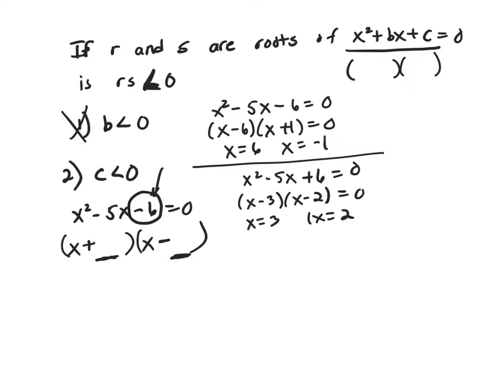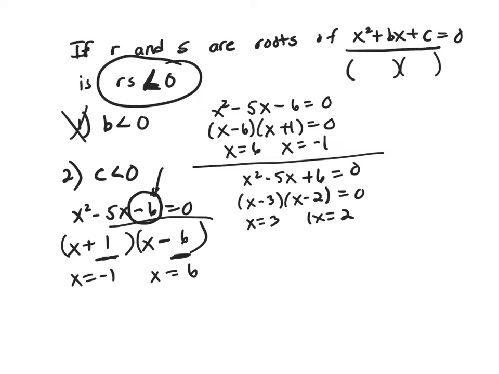Well, that's going to be x plus 1 and x minus 6. That gives you x equals negative 1 and x equals positive 6. And then they would be different signs, and the product would be less than 0.